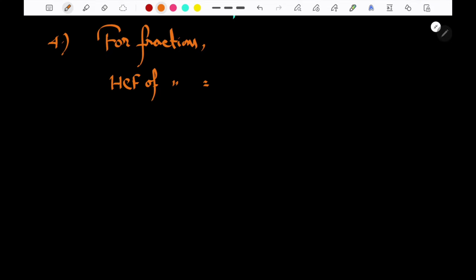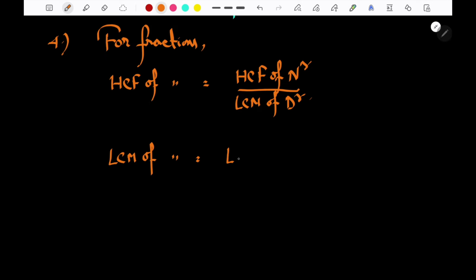Next, property 4. It says, for fractions, how do we find the HCF and LCM? The HCF of fractions is written as the HCF of numerators divided by the LCM of denominators. And the LCM of fractions is the LCM of numerators divided by the HCF of denominators.